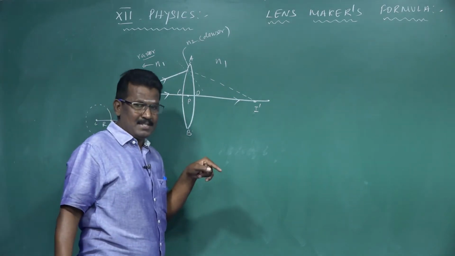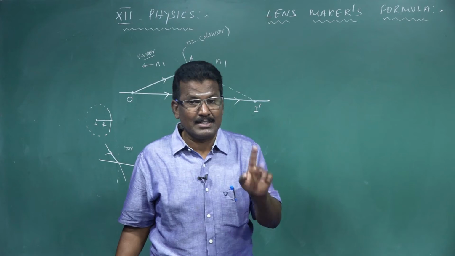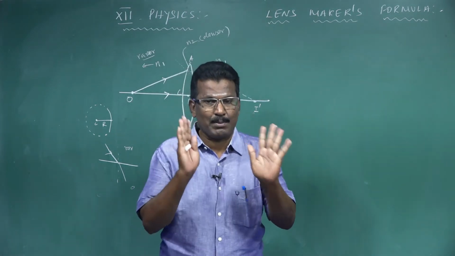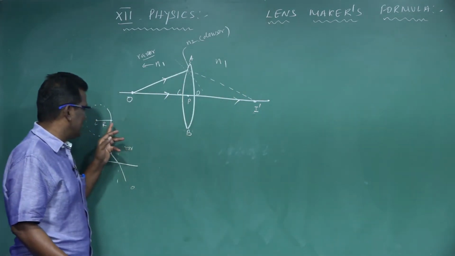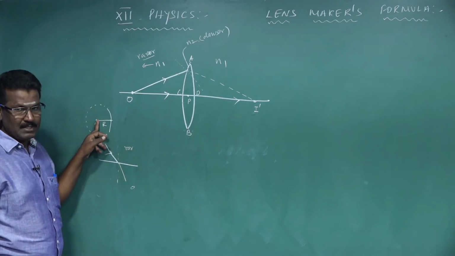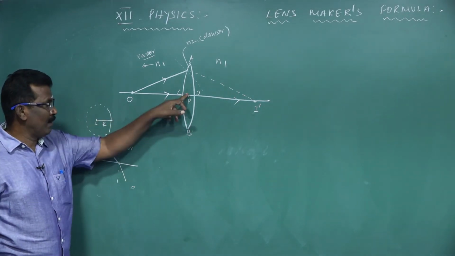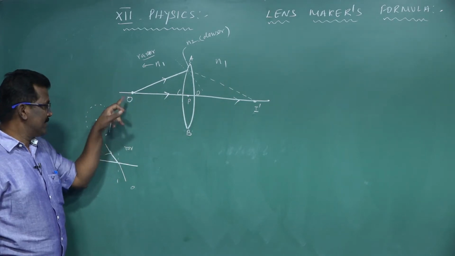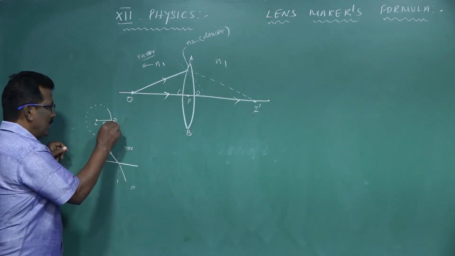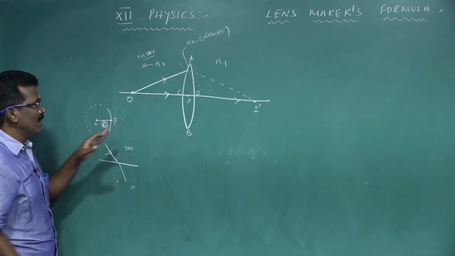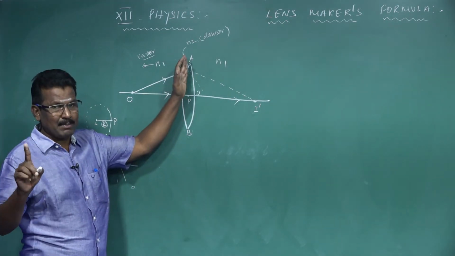So every lens has two centers of curvature and two radii of curvature. Every surface has a radius of curvature.